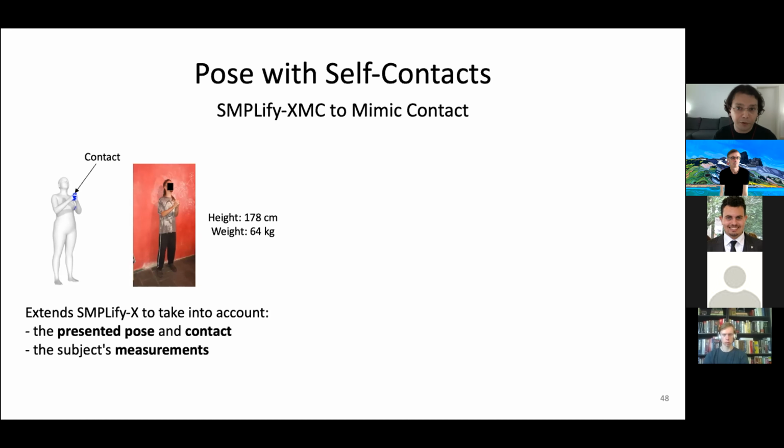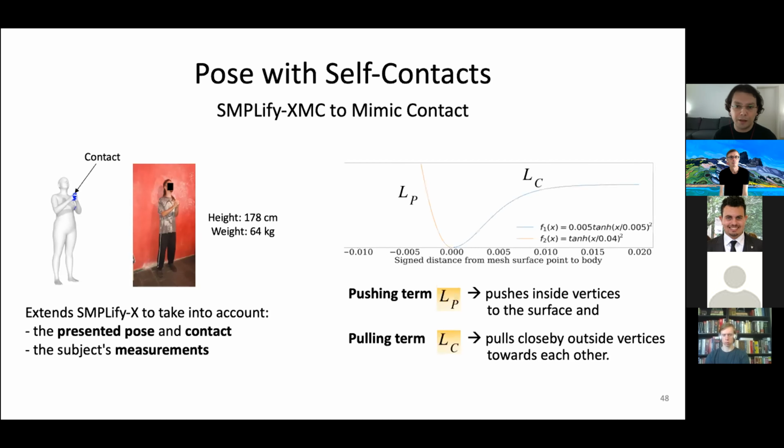The latter contribute to better body shape estimation because this is important for contact. The method also introduces 2 contact energy terms, namely L_P, which pushes vertices that penetrate inside the mesh towards the surface, and L_C, which encourages contact between vertices that are outside but close to each other.